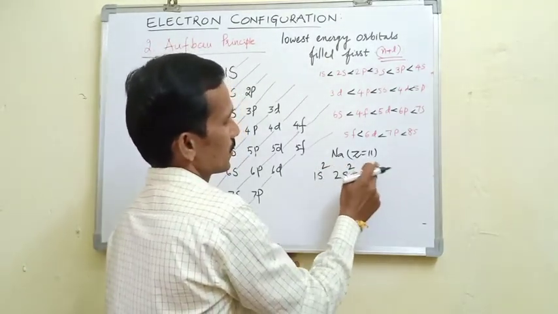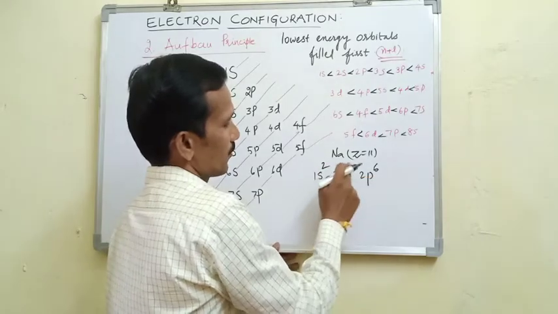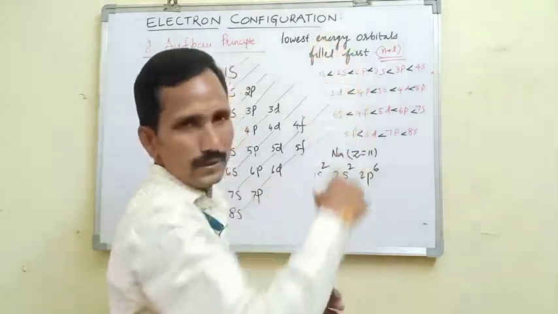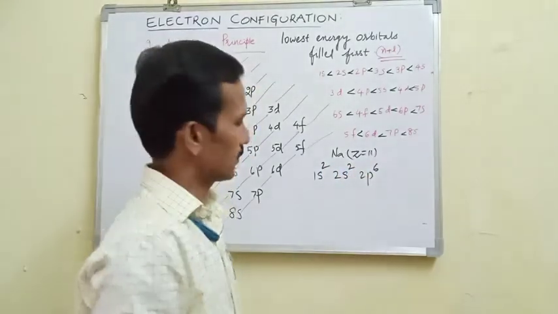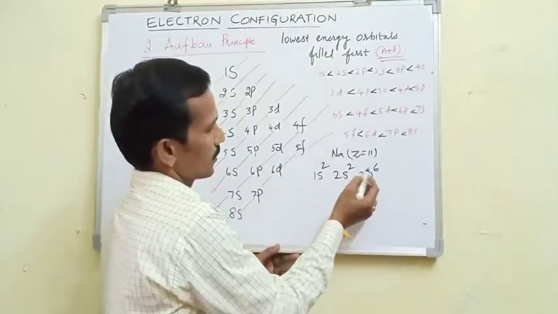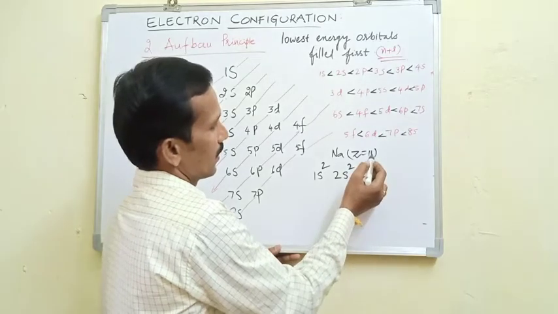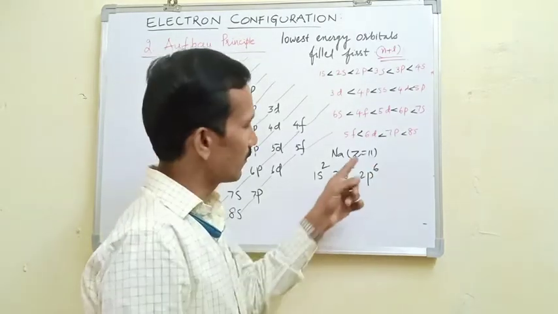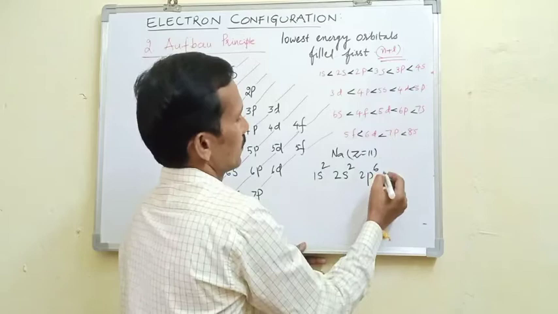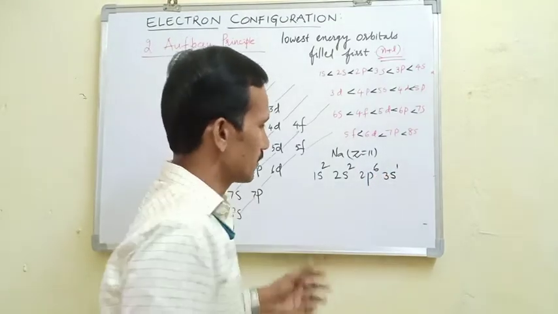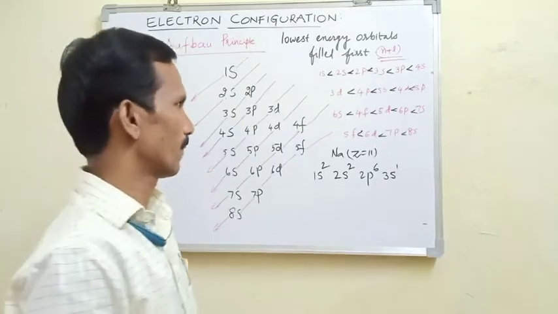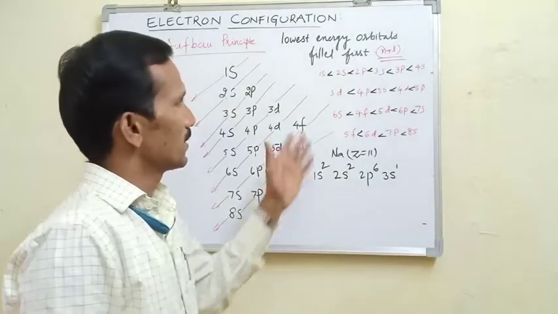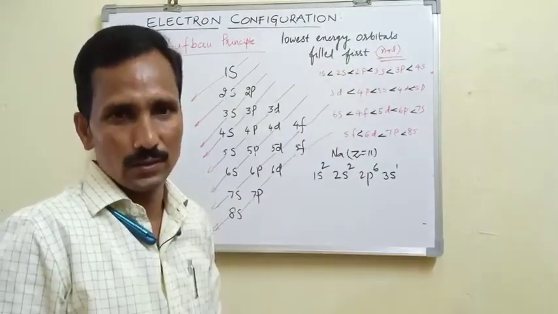The superscripts, the upper numbers, show the number of electrons: 2, 2, 6, that is 10 electrons over. Sodium has 11 electrons, so the remaining 1 electron goes into 3s1. Like this we fill the electrons. This is the Aufbau principle: in increasing order of n plus l value we fill the electrons.